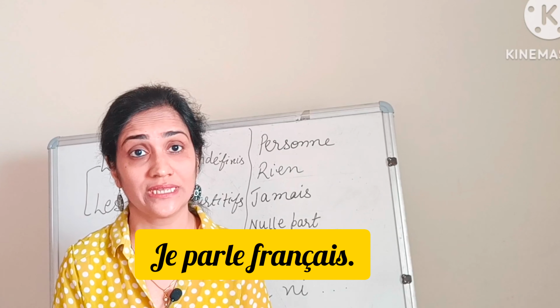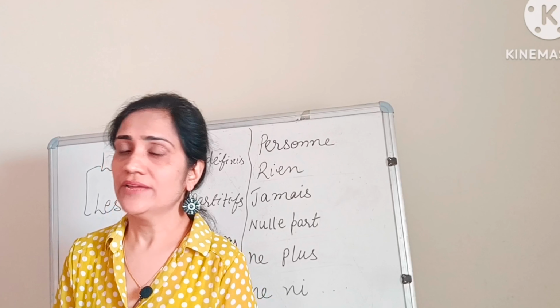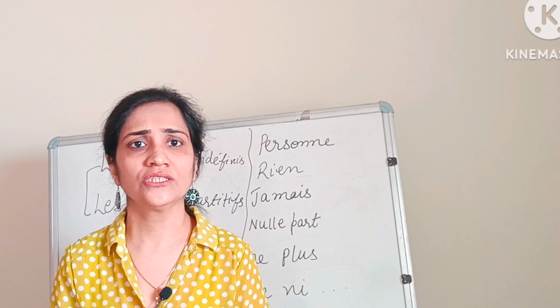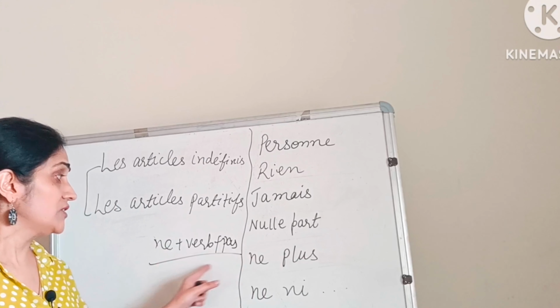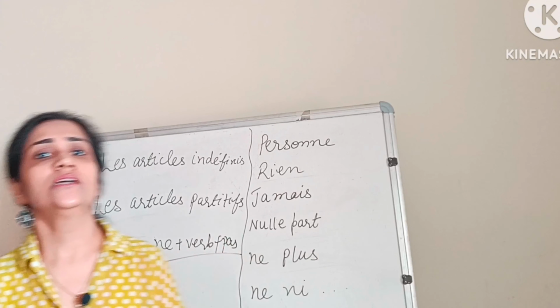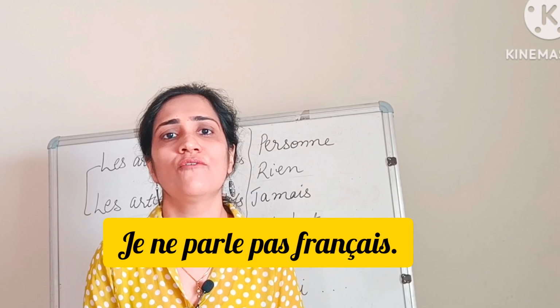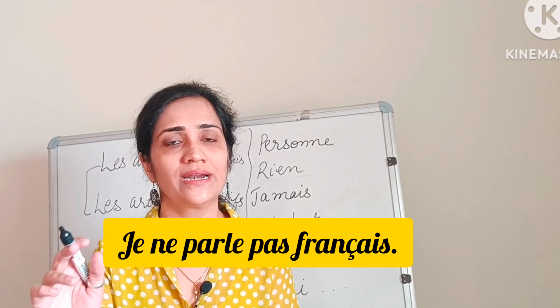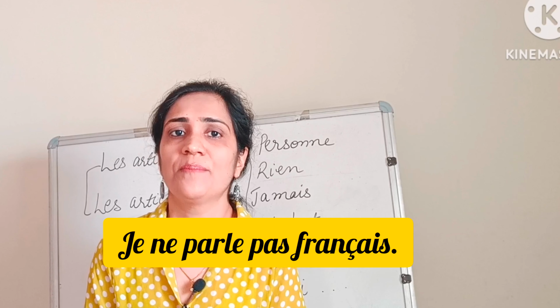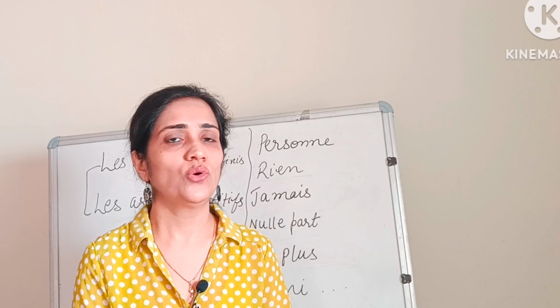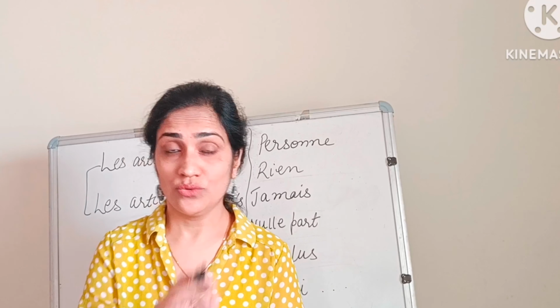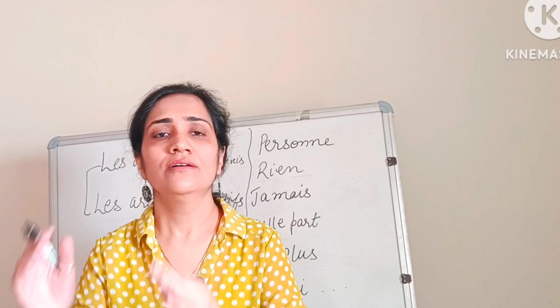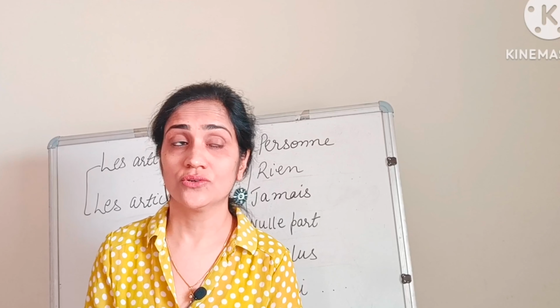And if I have to say I don't speak French, then you have to use this structure, ne, verb and pas. Je ne parle pas français. Je ne, then the verb parle and then pas. Je ne parle pas français, I don't speak French. So ne, verb and pas refer to do not or does not.